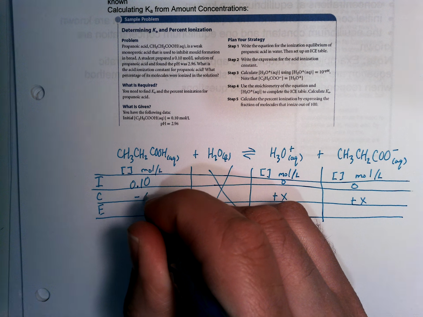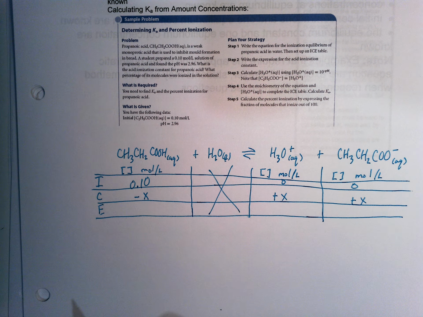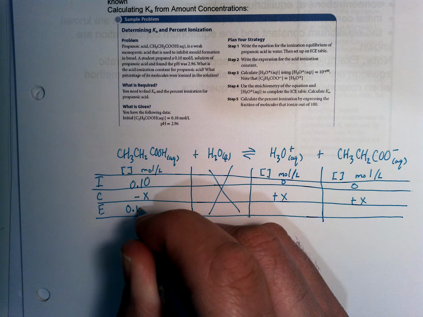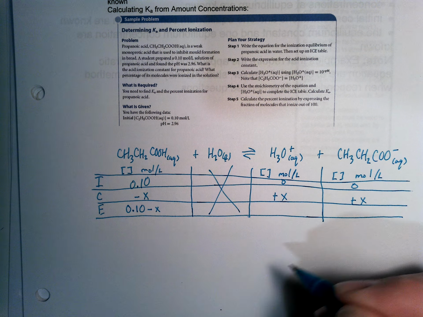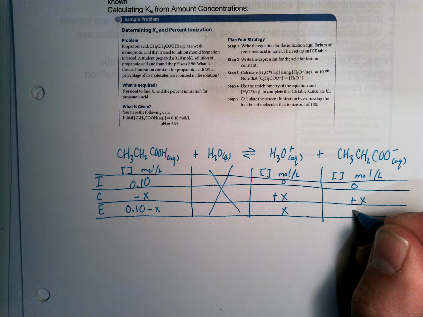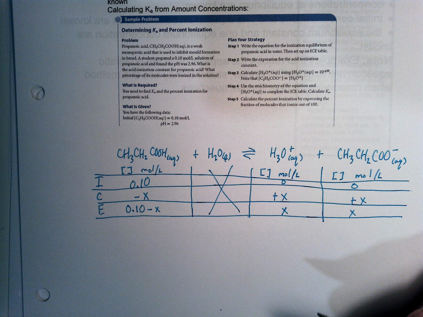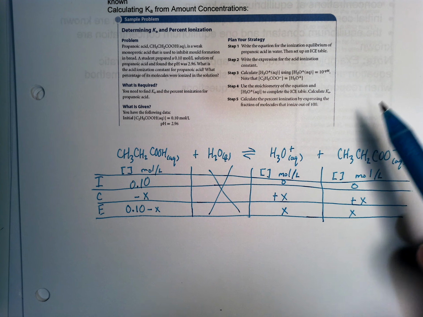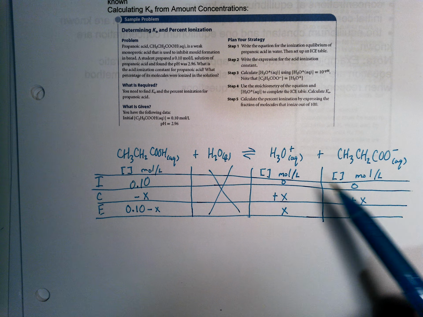This will go down by x because it has a coefficient of 1. So this is 0.10 minus x, and these are just x. We've set up our ICE table and we also have our balanced equation.